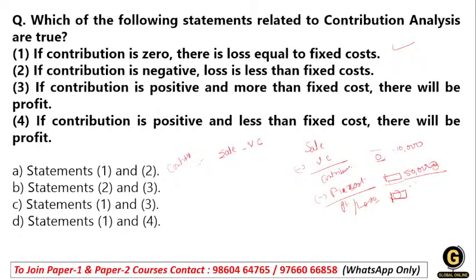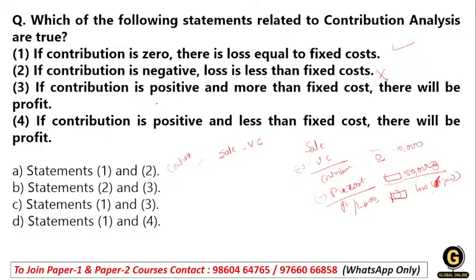If there is positive contribution, then your company will get a profit. So here is a loss of 40,000? No, this is 60,000, 50 plus 10. So here the loss is 60,000, so this statement is wrong.